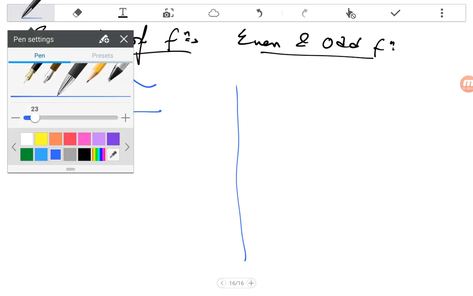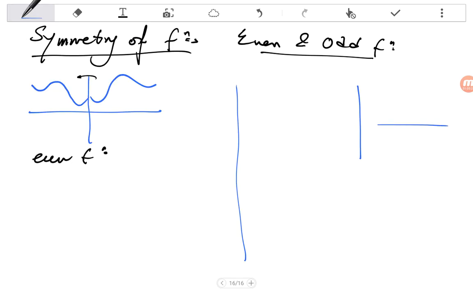Okay? If I had a function which is like this, this function is called odd. What is an odd function? An odd function is symmetric about the origin.